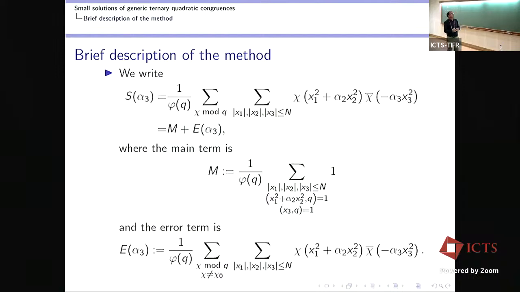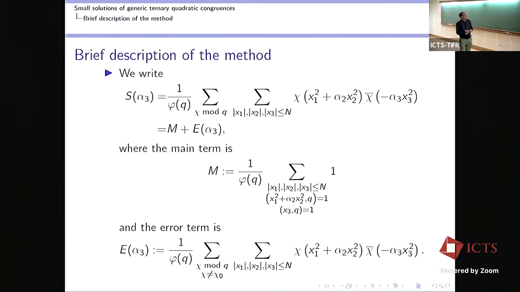We use multiplicative characters to detect the congruence condition. In that case, since we just assume x3 to be coprime to q, that can be done in this easy way without caring about removing coprimality conditions.